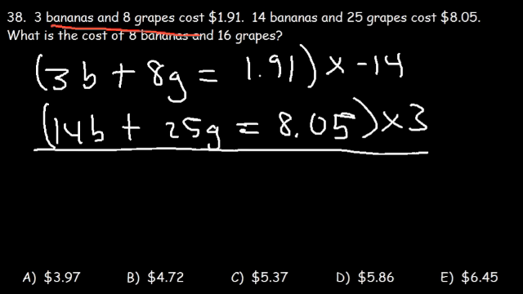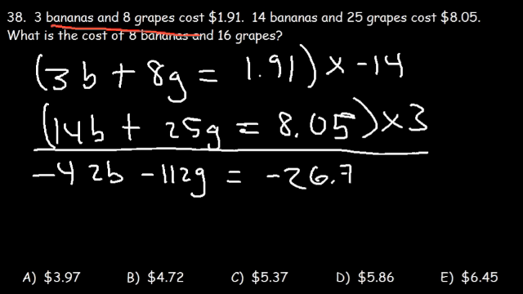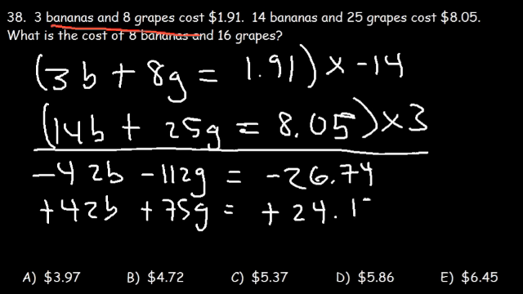So -14 times 3b is -42b, and 8 times -14 is -112g, and 1.91 times -14 is about -26.74. Now for the second equation, 14b times 3 is positive 42b. 25 times 3 is 75g, and 8.05 times 3 is positive 24.15.